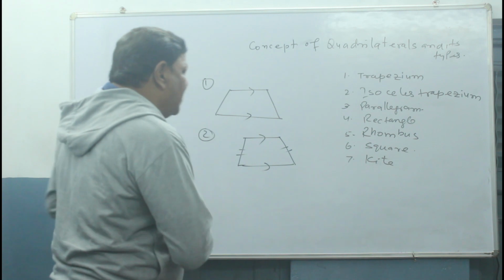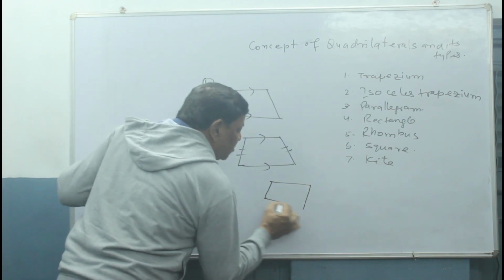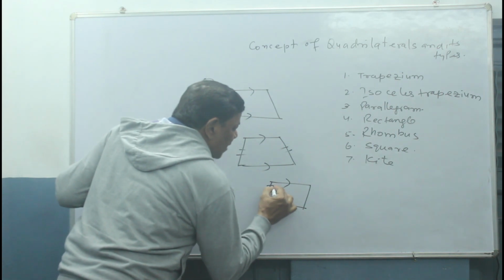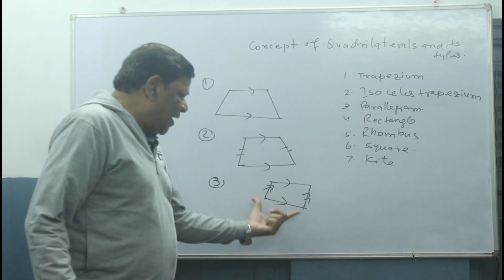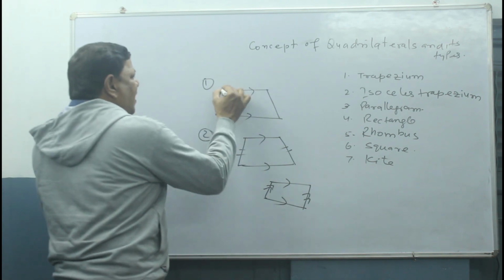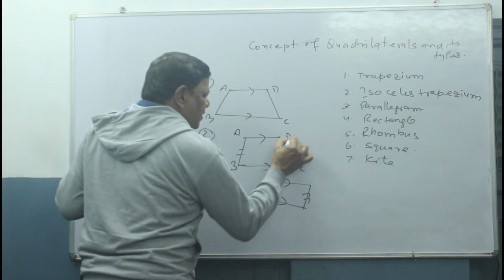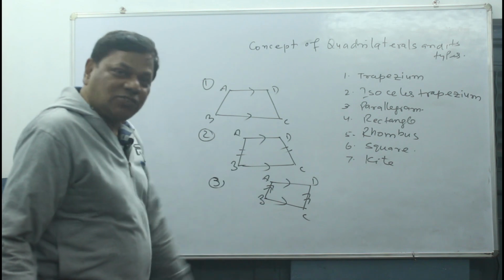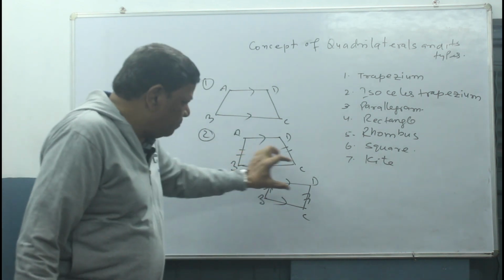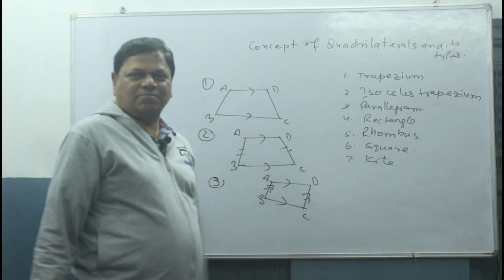Third one, I said parallelogram. Parallelogram means the opposite sides are parallel. Clear? This one is parallel with this one. If you want, you can write A, B, C, D. Now AB is parallel to CD, and BC is parallel to AD.